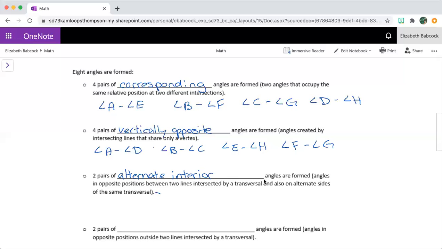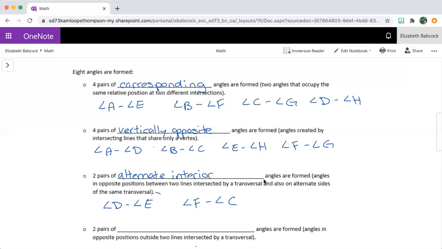So they're on the inside of the 2 lines on opposite sides of the transversal. That would be angle D and angle E, and then angle F and angle C. It does not matter which way you have it, whether you have angle C to angle F or angle F to angle C, as long as the pair is together.